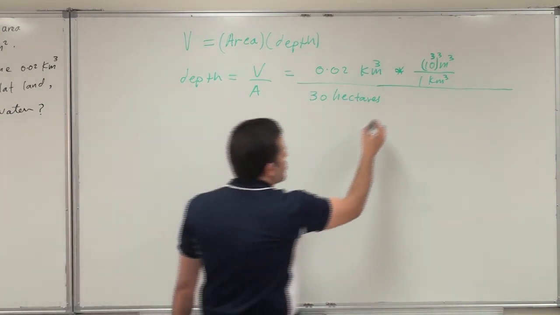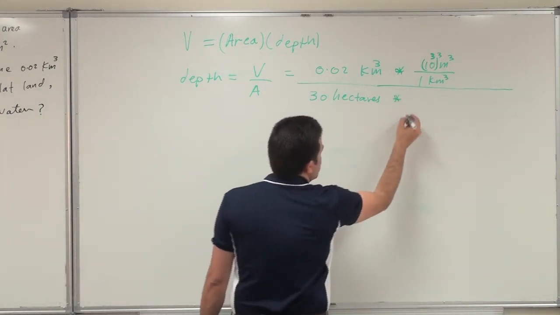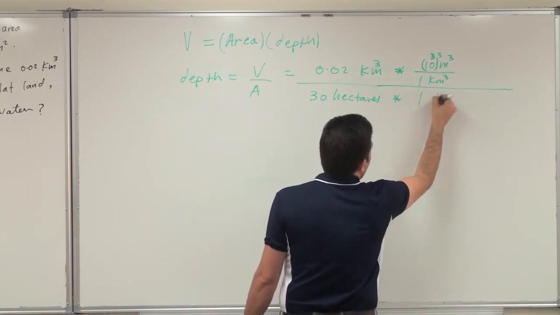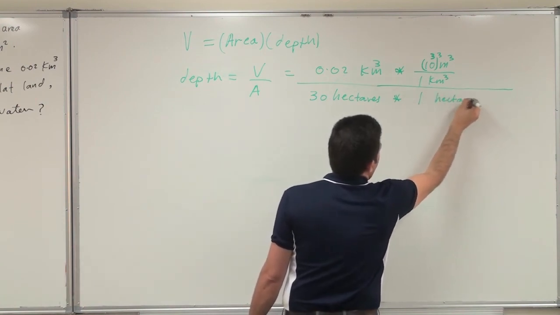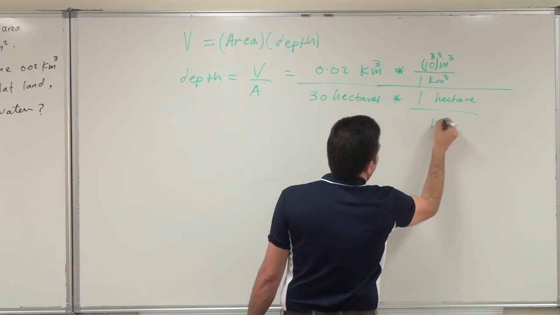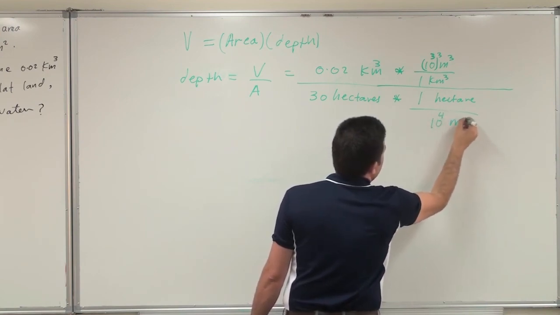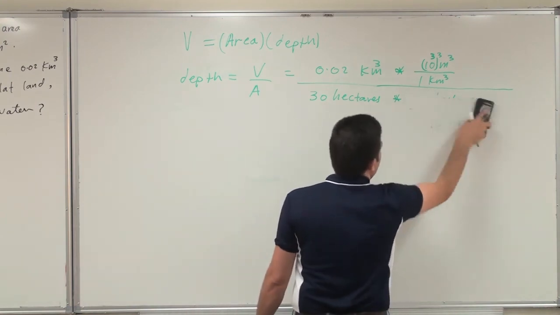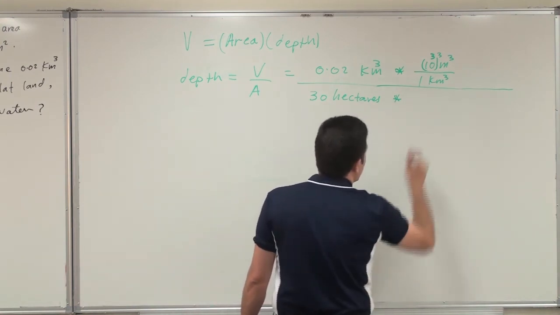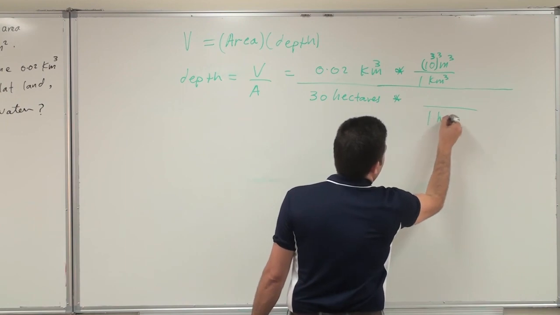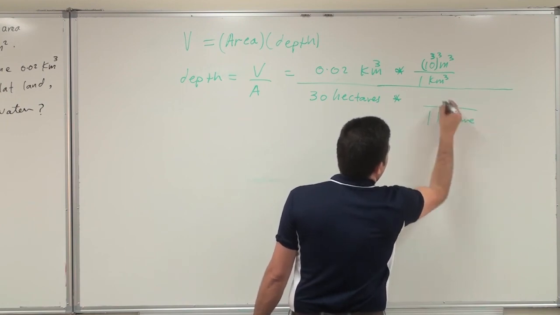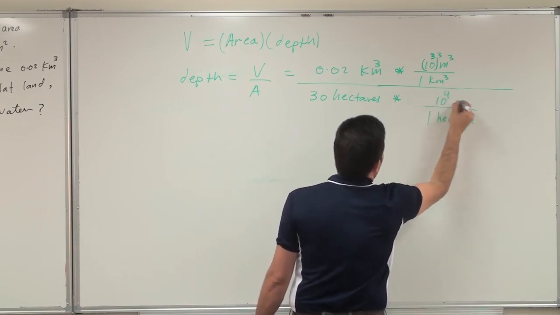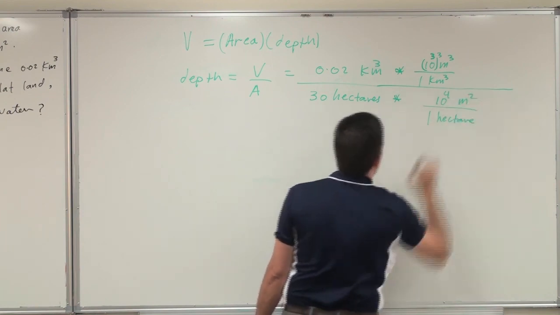And 30 hectares, I need to convert it. So 1 hectare equals 10 to the power 4 meters squared.